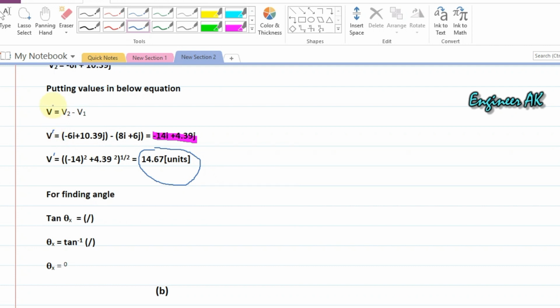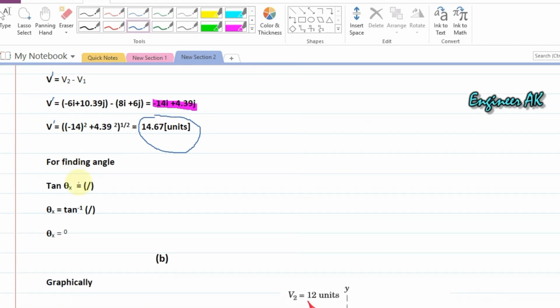And if I want to find the angle, tan is y divided by x, right, perpendicular by base. So I know that y is 4.39, and the x component is minus 14.